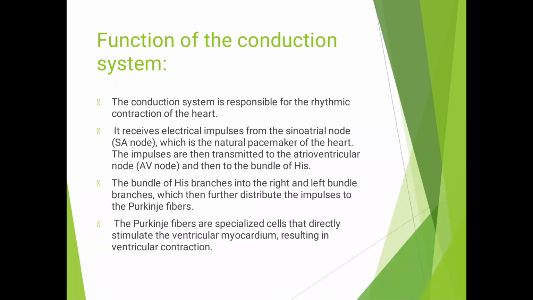Then it transfers to the bundle of His. This bundle of His branches into right and left branches, which further distribute the impulses to the Purkinje fibers. The Purkinje fibers are specialized cells that directly stimulate the ventricular myocardium and cause a ventricular contraction.